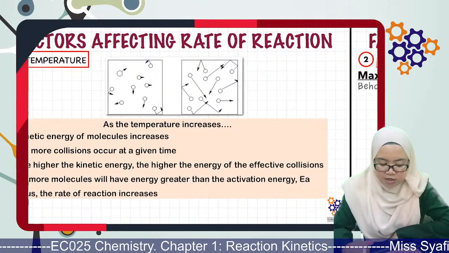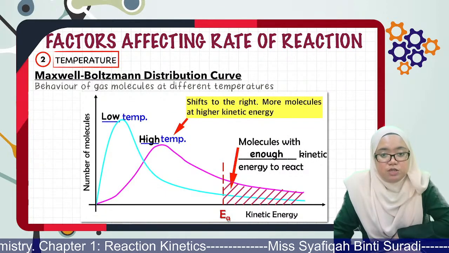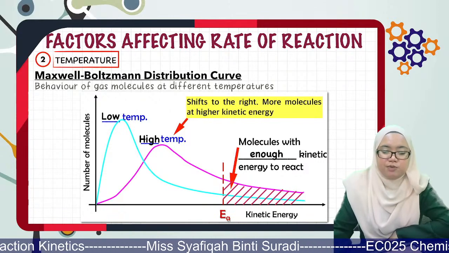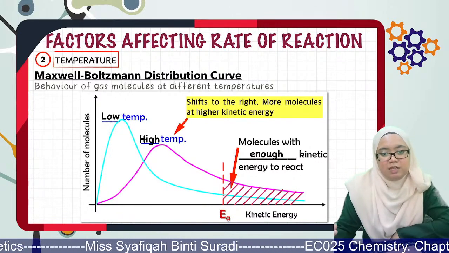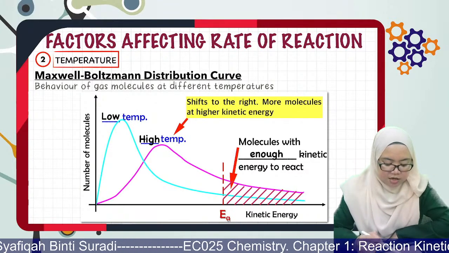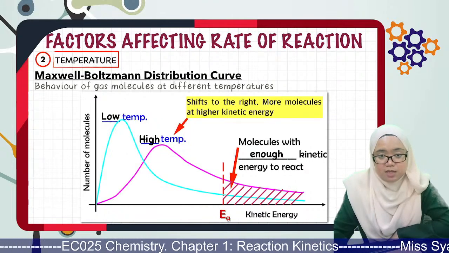Maxwell-Boltzmann distribution curve. Okay. So ini contoh Maxwell-Boltzmann distribution curve. So Maxwell-Boltzmann distribution curve ni, dia show the behavior of gas molecules at different temperature. Okay. Contoh curve yang saya tunjuk ni, curve untuk low temperature dan juga curve untuk high temperature. Okay.